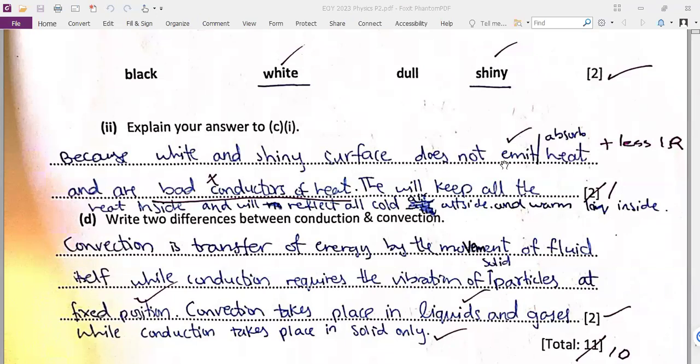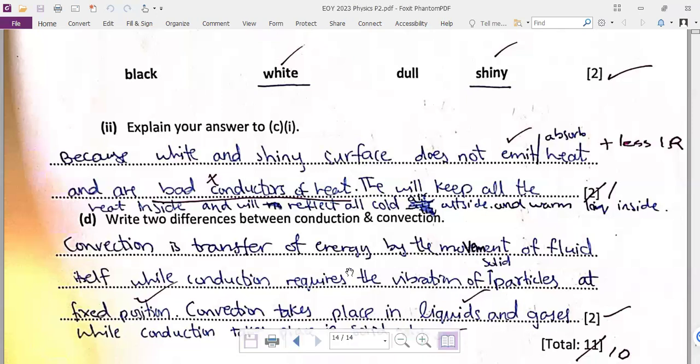White and shiny does not emit, but the shiny surface actually reflects the IR back to the coffee. It doesn't allow the IR to pass through the mug and go outside. Nothing can actually stop IR radiation, but a shiny surface reflects it back, so it minimizes the heat loss. That was the point that was lost. You must mention IR.